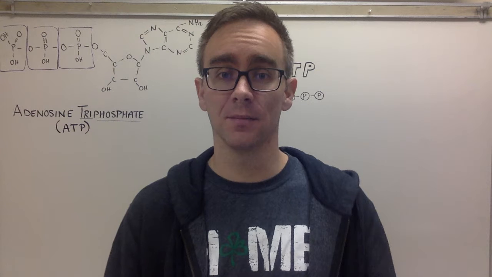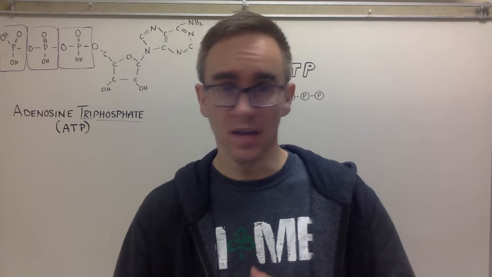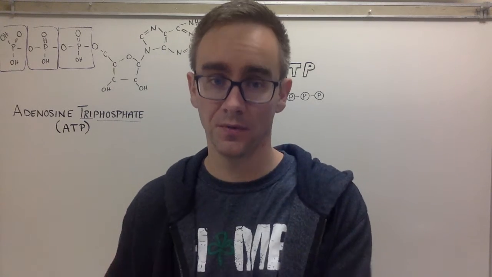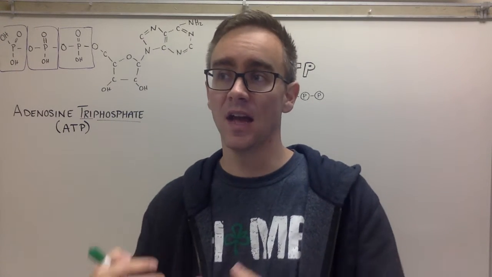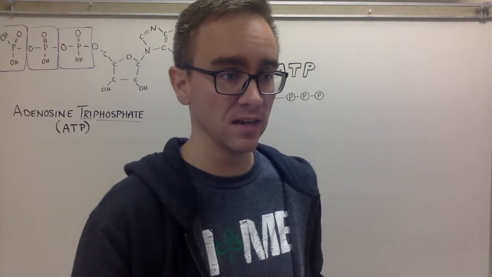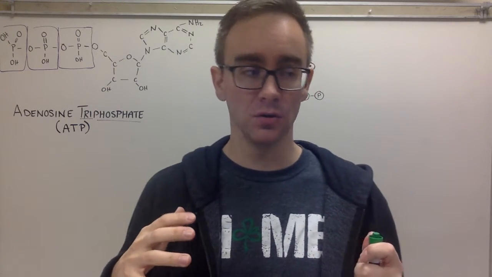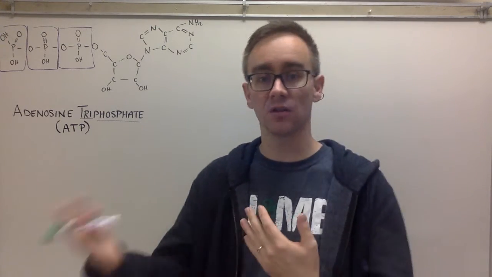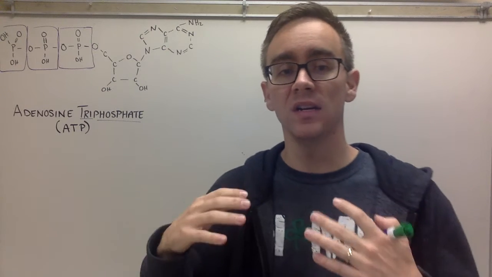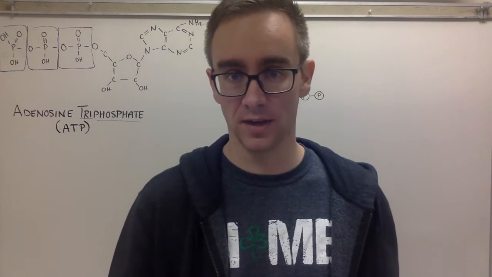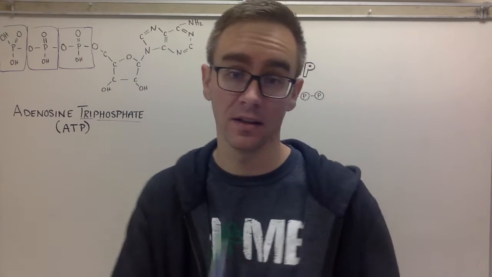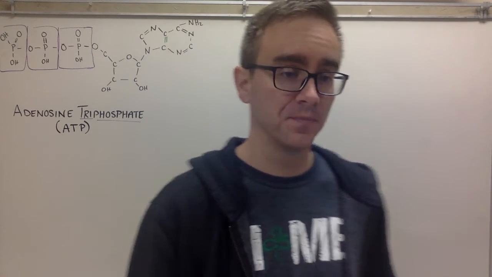Anytime the cell needs to do something, whether it's the steps necessary to divide, the energy necessary to replicate DNA, to break down food, to create proteins, or to create certain types of cell transport going in and out of the cell, we need ATP. That energy comes from these little floating batteries called ATP. I like to think of them as batteries.